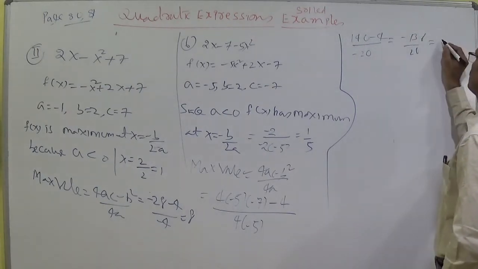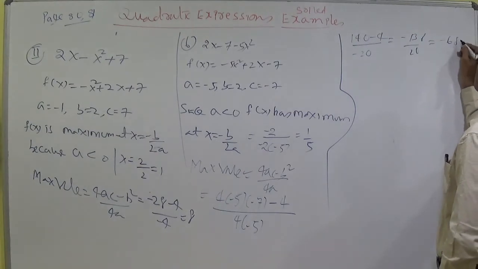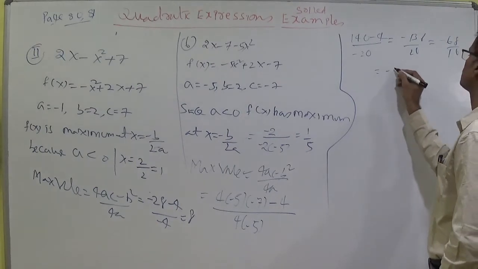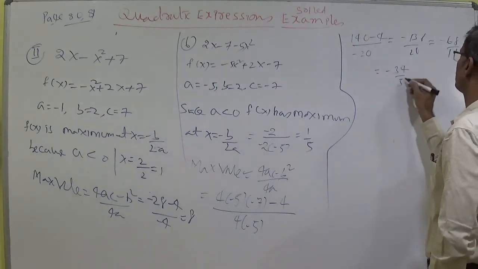Dividing by 2, minus 68 by 10. Dividing by 2 again, minus 34 by 5.